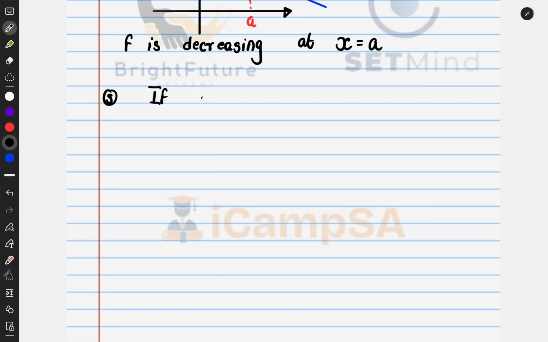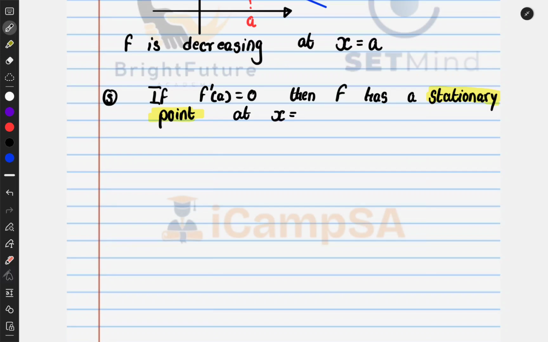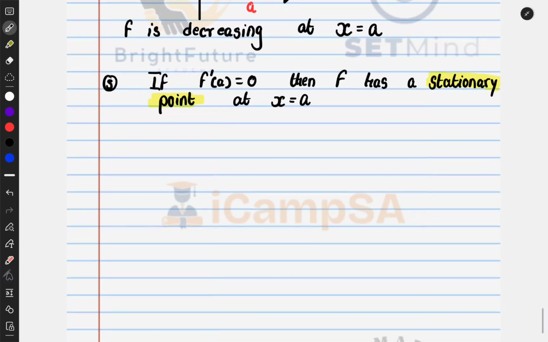So if the derivative at a is equal to 0, then f has a stationary point at x is equal to a.